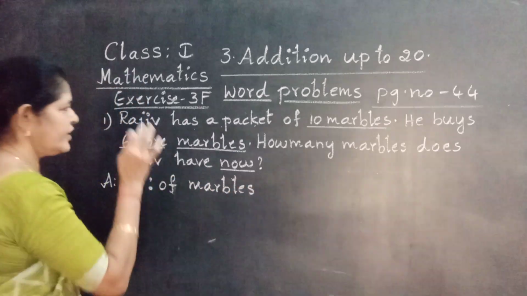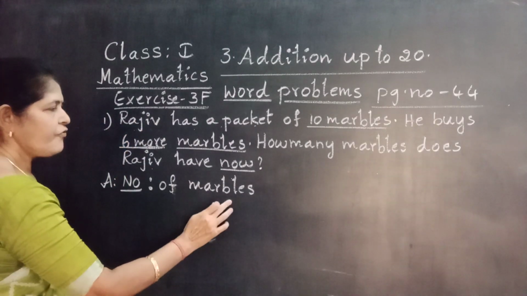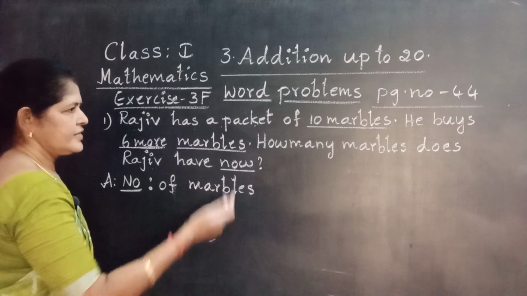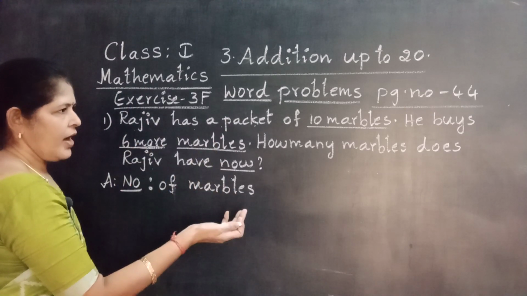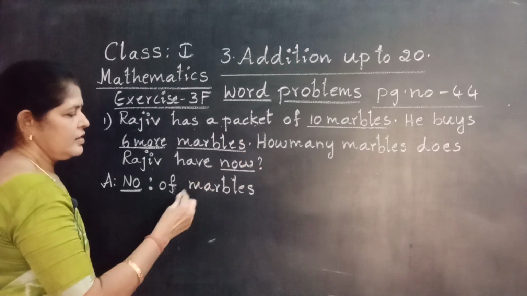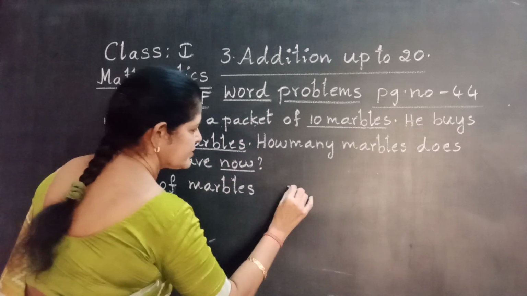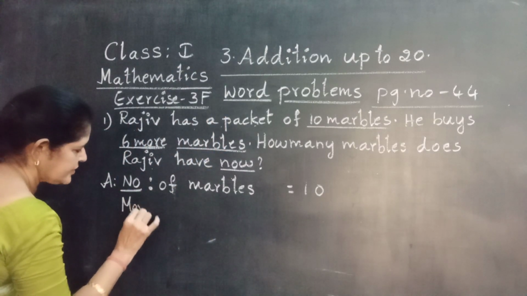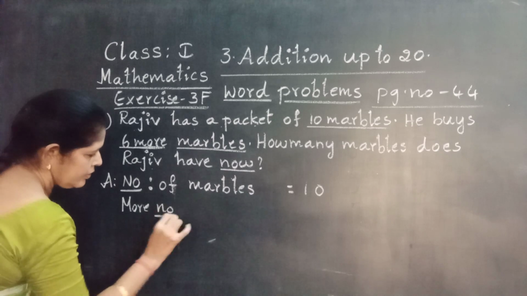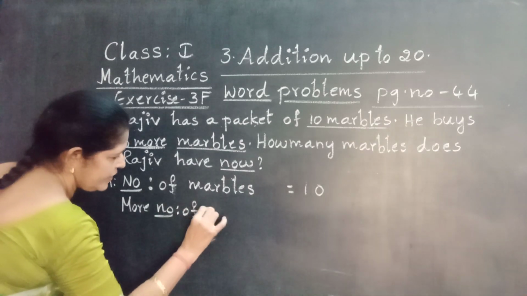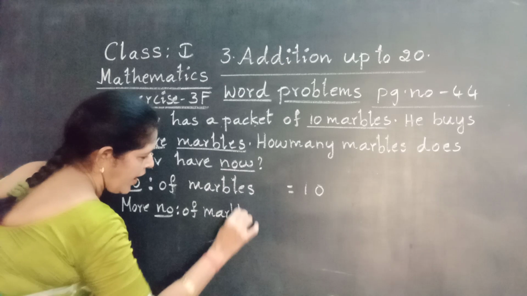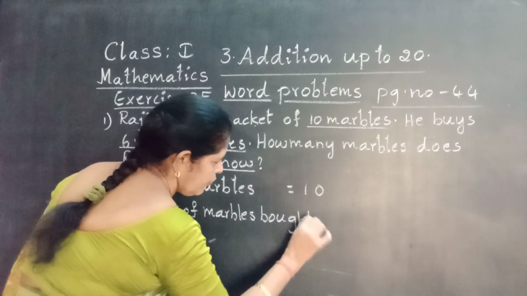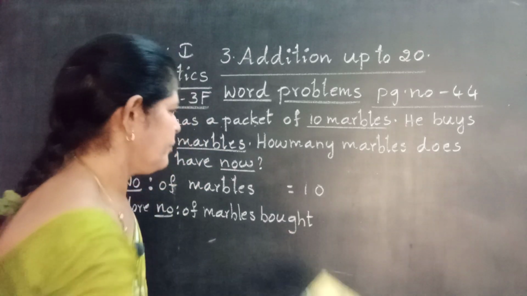Who's having marbles? Raju. Number of marbles Raju has: 10. Again he bought more marbles. Number of marbles 10. He bought some more marbles.